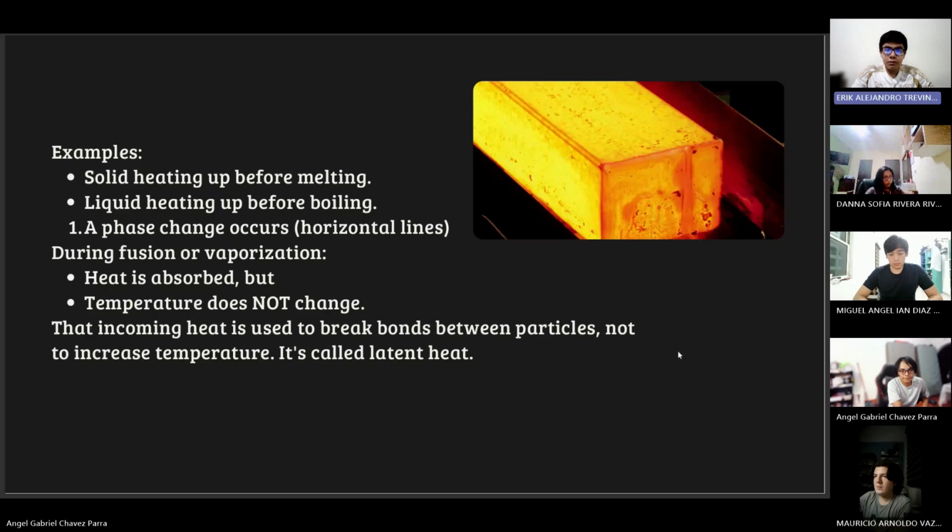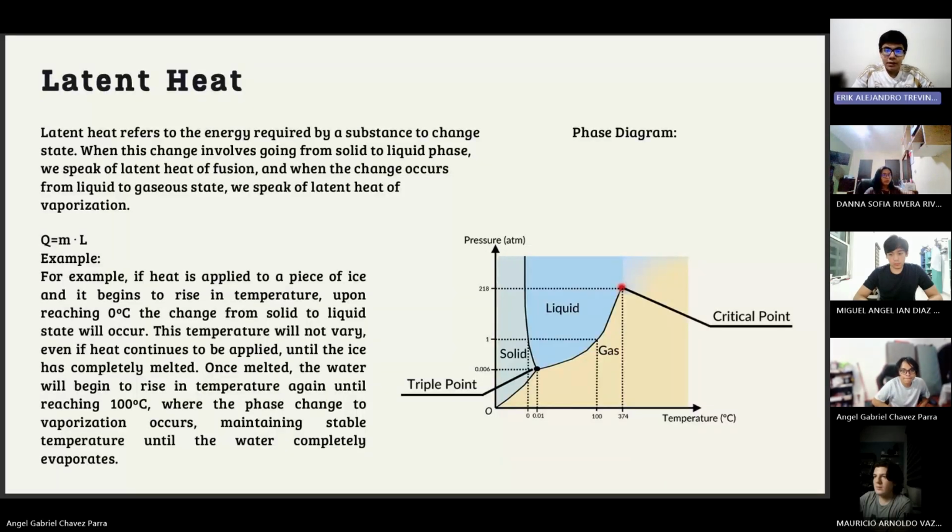Latent heat refers to the energy required by a substance to change state. When this change involves going from solid to liquid phase, we speak of latent heat of fusion, and when the change occurs from liquid to gaseous state, we speak of latent heat of vaporization.